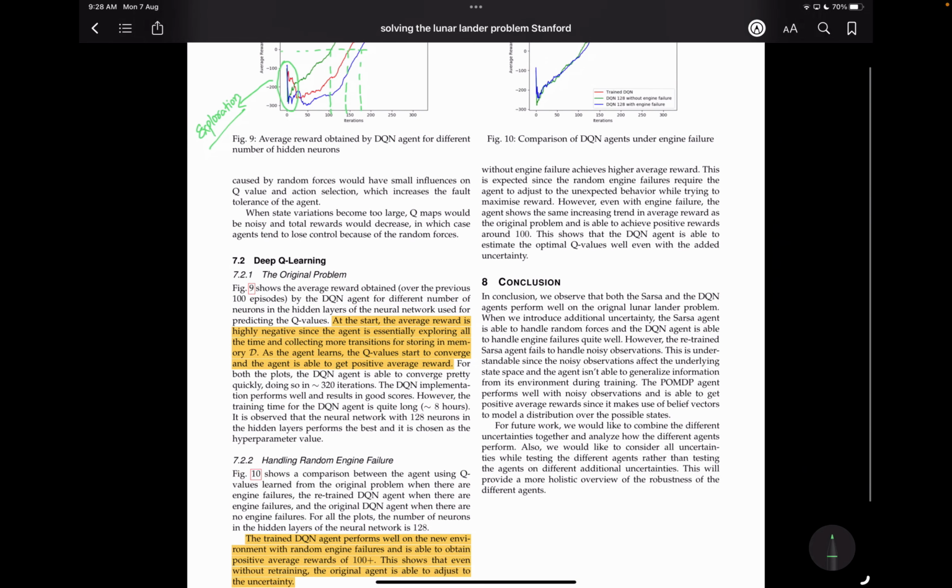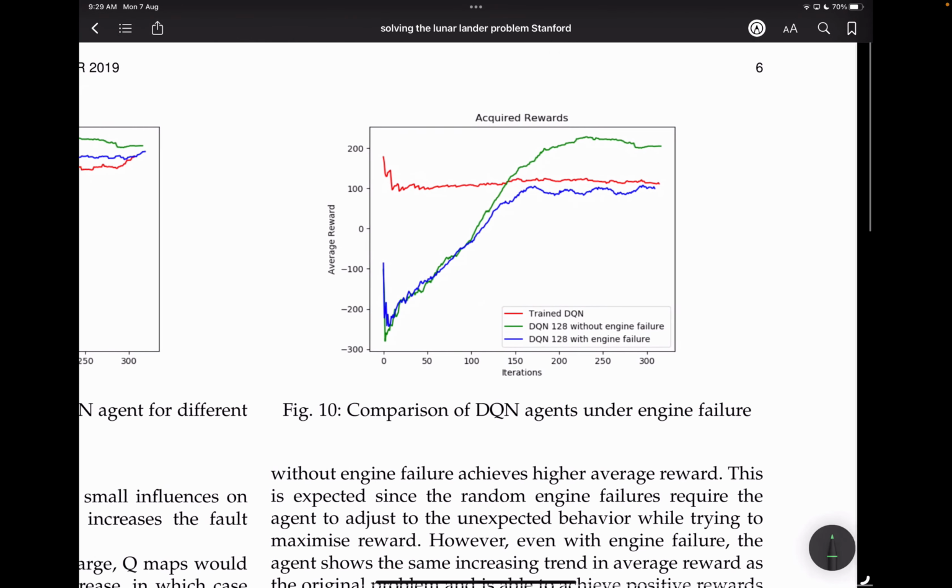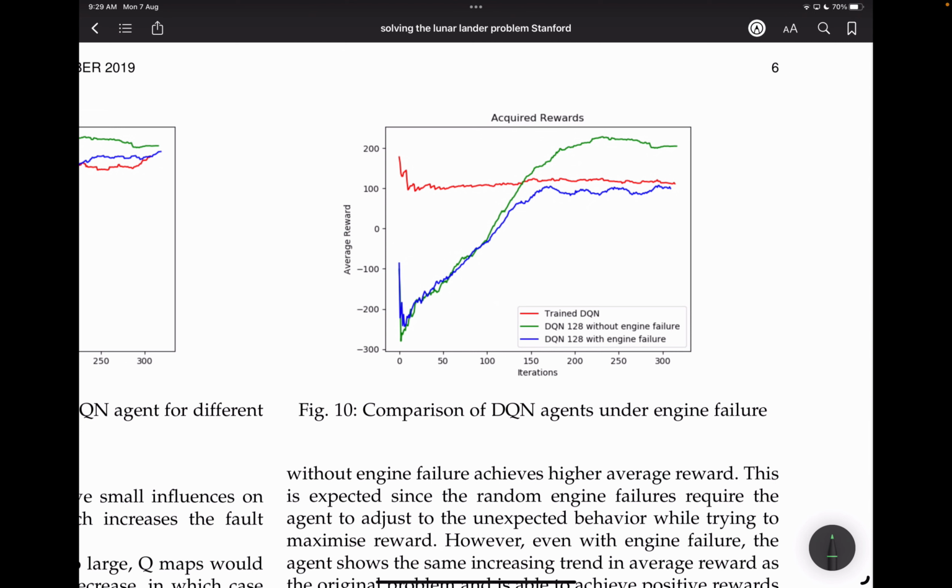Then how it handles the random engine failure. The trained DQN agent performs well on the new environment with random engine failures and is able to obtain positive average rewards of around 100 plus, even without retraining; the original agent is able to just adjust to the uncertainty. If we look at figure 10, we see that DQN 128 is still learning and training. But for a trained DQN, see how the spike was not here.